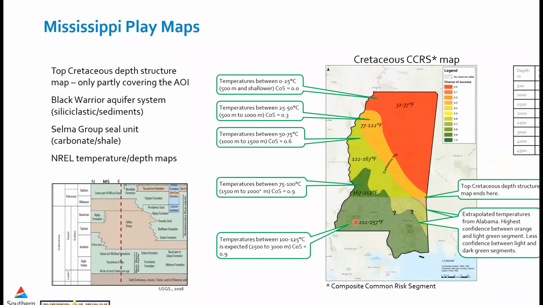So it's very unlikely that the temperatures and the depth are not increasing. So that was the Cretaceous interval that we did the composite common risk segment map for.